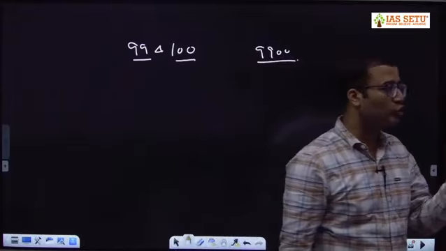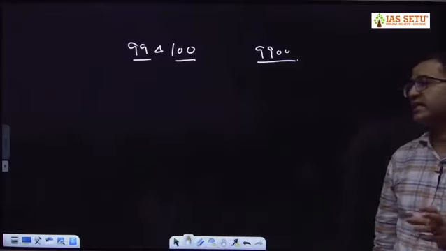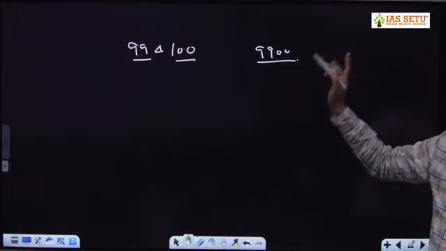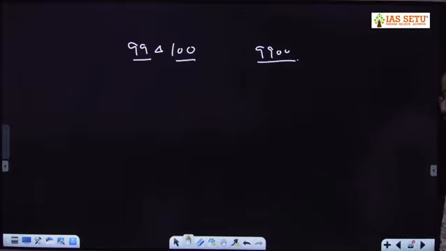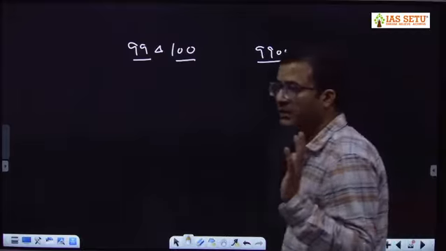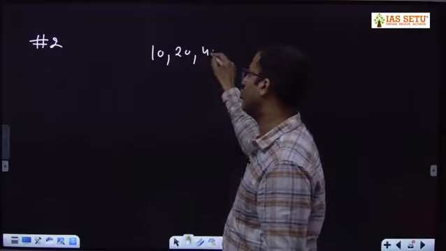Yesterday I told you two consecutive natural numbers are always co-prime. Since 99 and 100 are co-prime, their LCM is their product. So if given numbers are co-prime and LCM is asked, directly multiply. Second observation I will tell you. Let me take one example first, then I will dictate the second observation. Numbers are given like 10, 20, 40, 80.